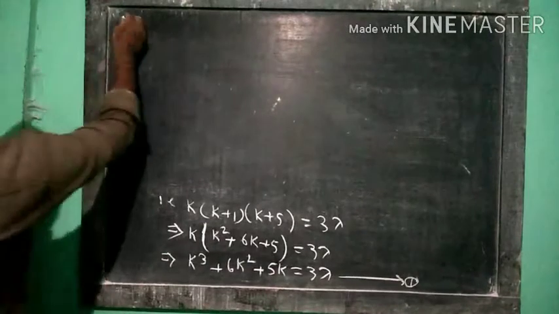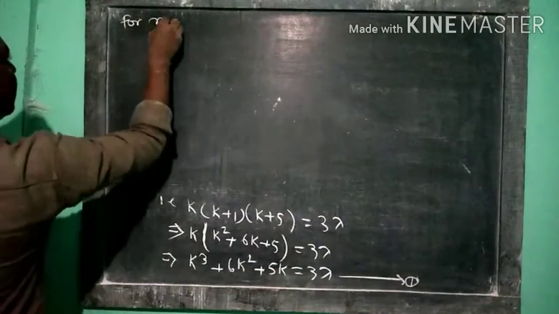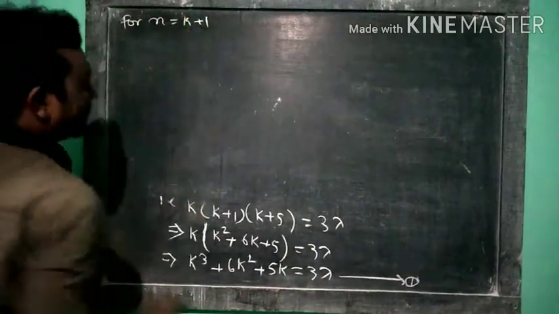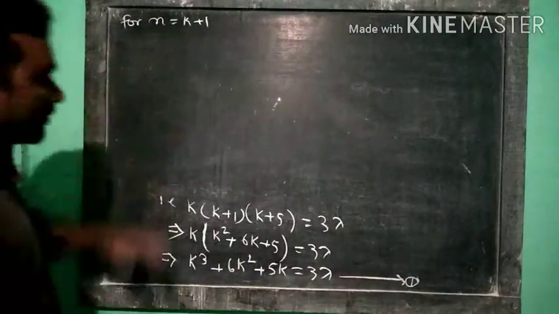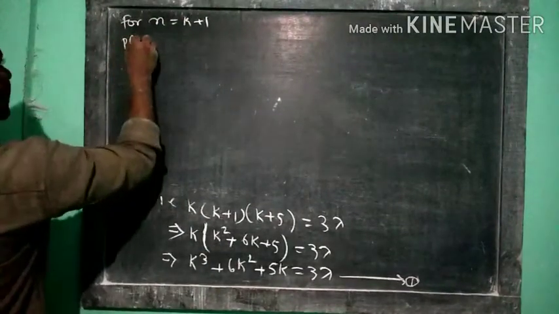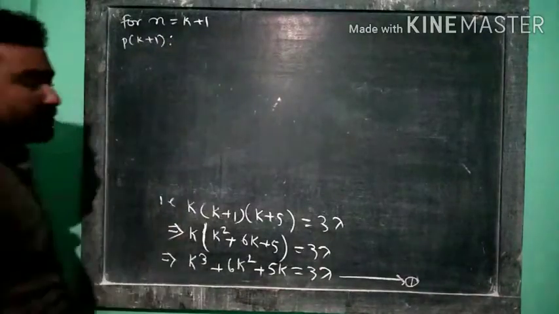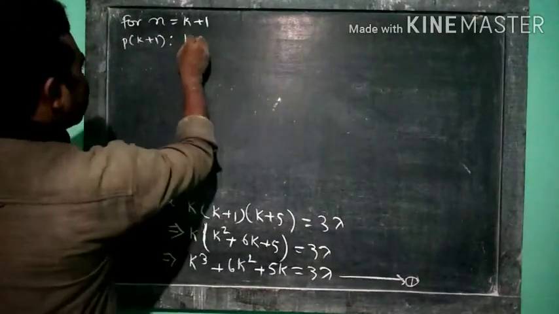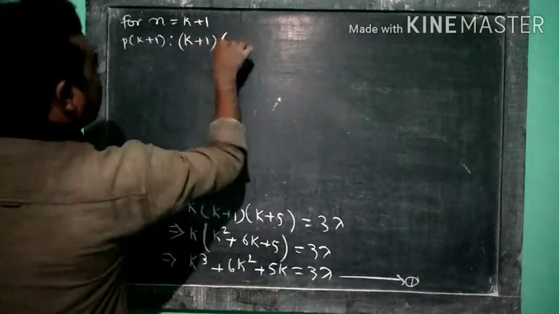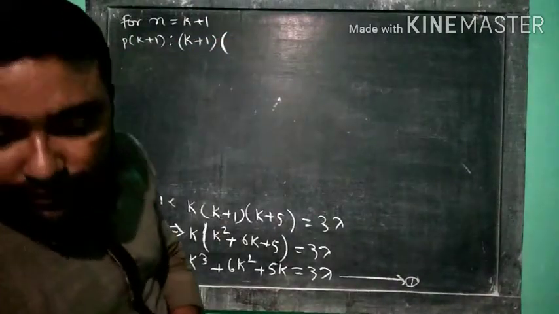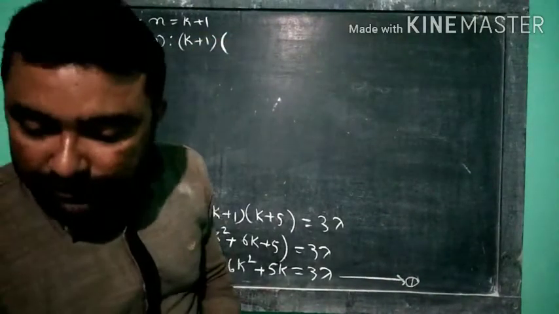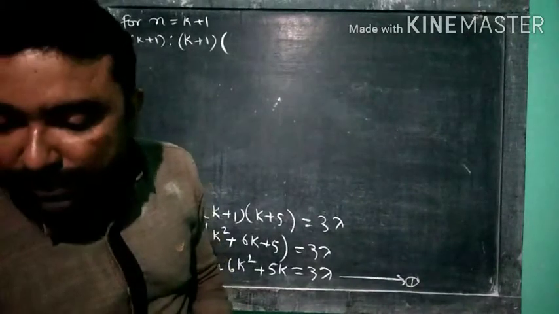Now for n equal to k plus 1, step number 3, then p of k plus 1. n means k plus 1 whole into n plus 1 into n plus 5.